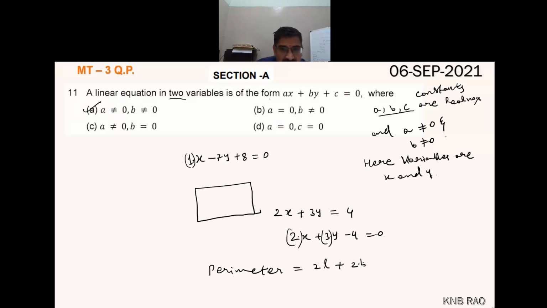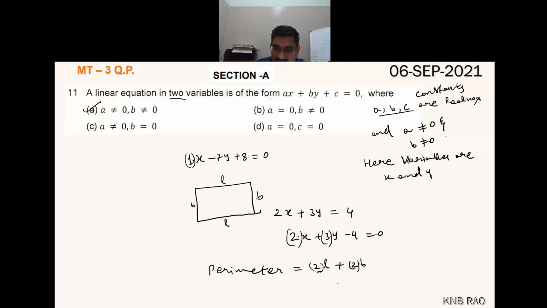This 2 is a constant. Length can be anything. Why did I get 2 times? Because I am adding length 2 times. So adding L plus L is the same as writing 2L. So that's how the 2 multiplicand of L is coming, and it is a constant. So 2 never changes. Only the L value changes. Isn't it?